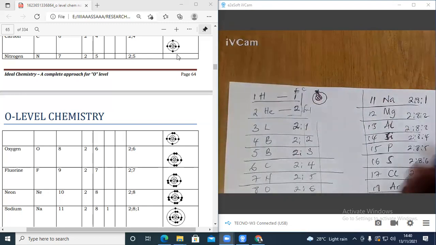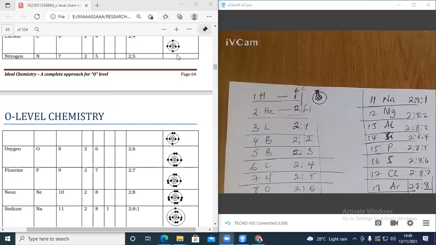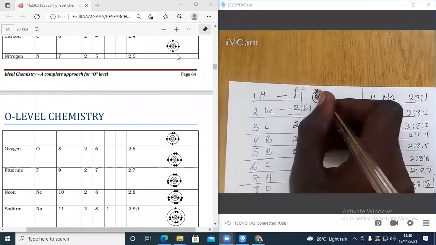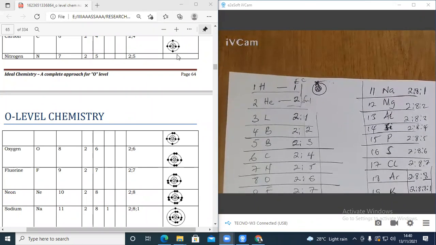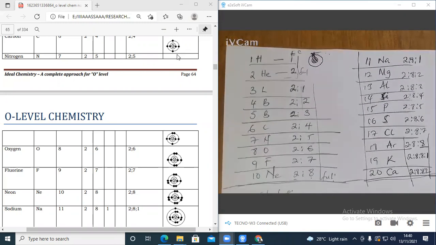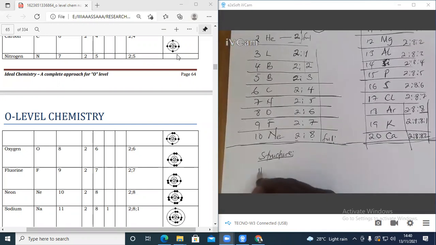So in simple terms, we are going to use X to show that value. This shows that hydrogen has only 1 electron. Is that clear?